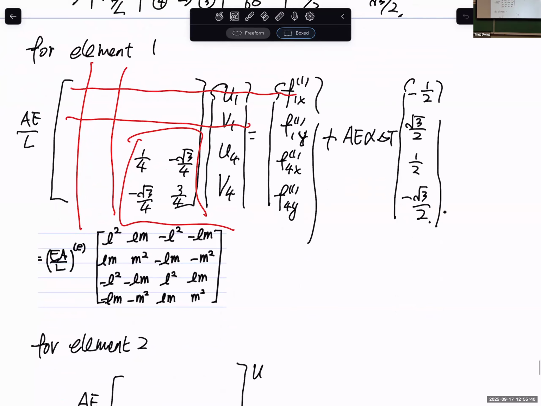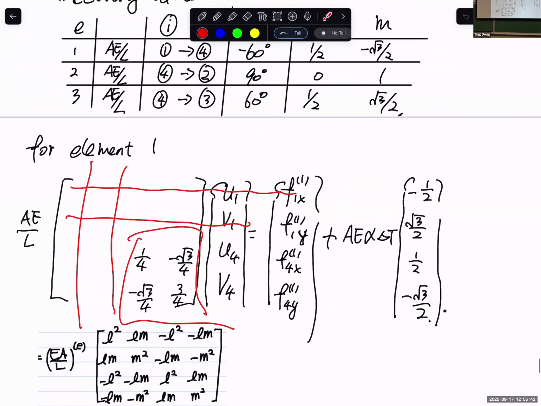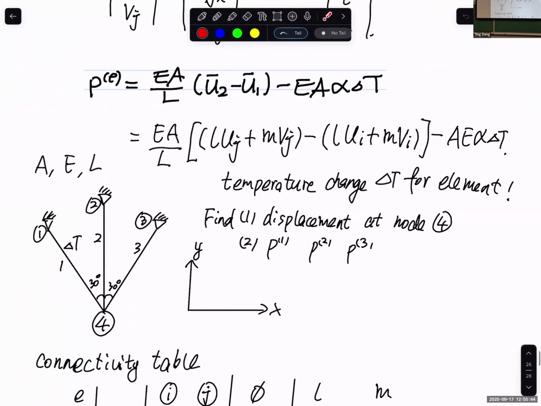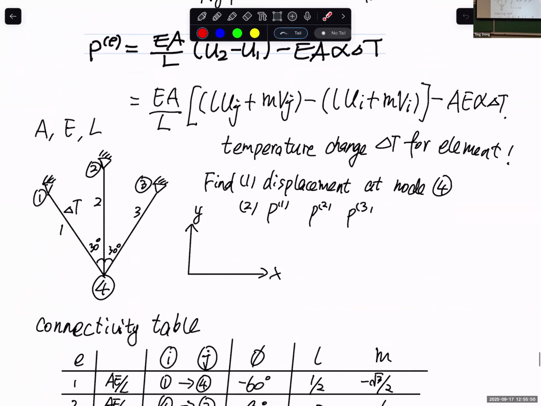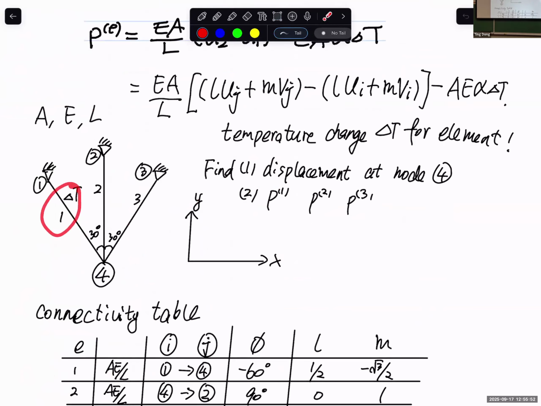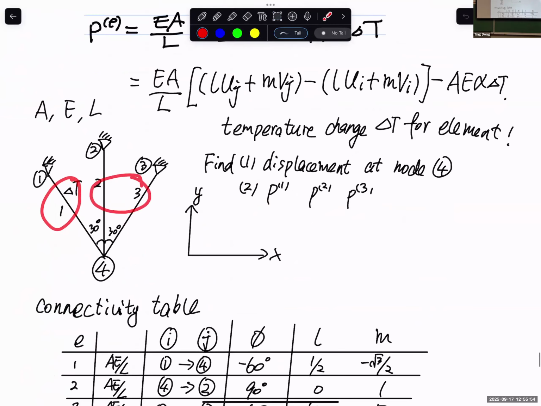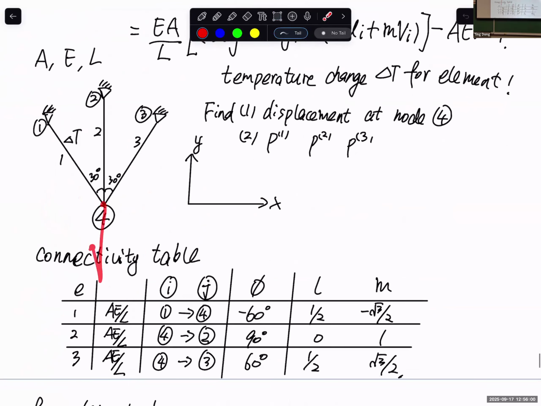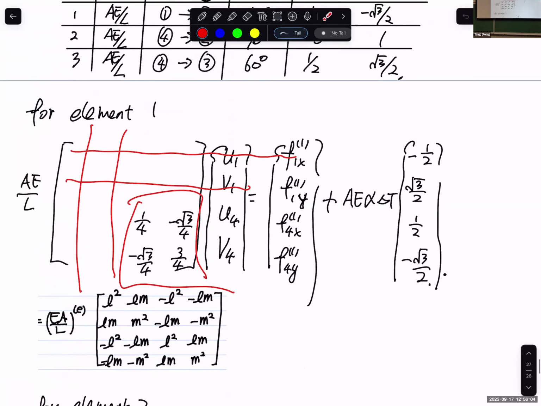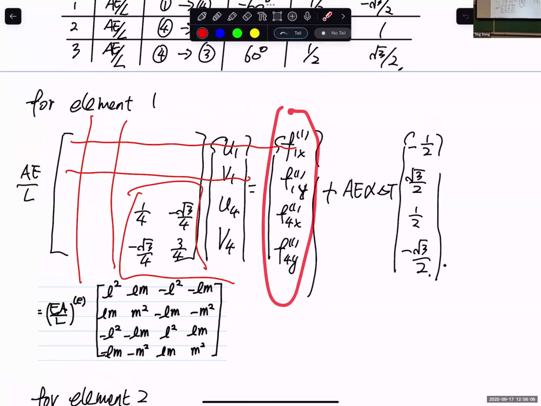So we talk about this example problem we didn't finish. We have a system with 3 bars, and there's a temperature change in element 1. For elements 2 and 3, there's no temperature change. To simplify this question and only focus on temperature change, we didn't apply any external force. If there was any external applied force, we should include this term, right? Now there's no external applied force, so this term becomes 0.